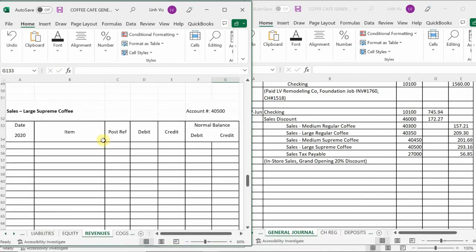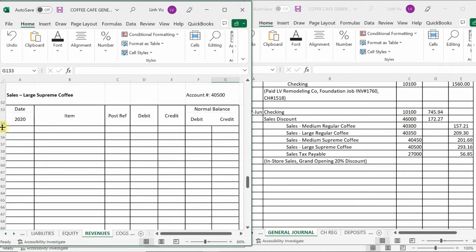And large supreme coffee, 84 cups, and that's 293.16. It's in our general journal 6.